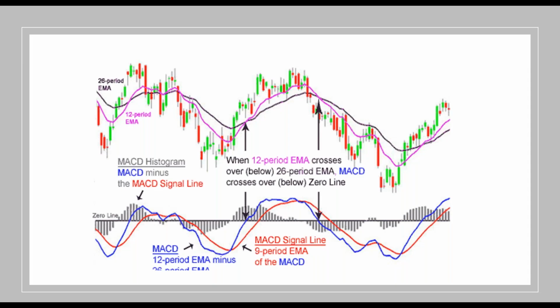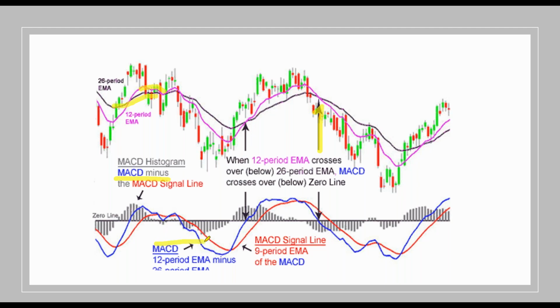So again, we take the 9 period EMA, the 12 period and the 26 period EMAs, and we then subtract the 12 period from the 26 period.